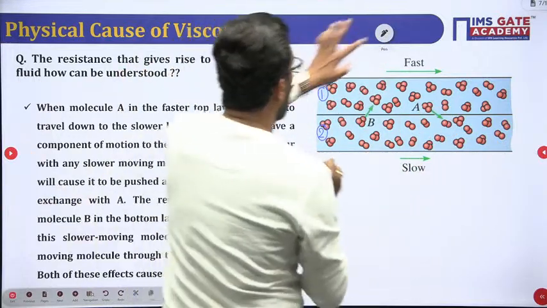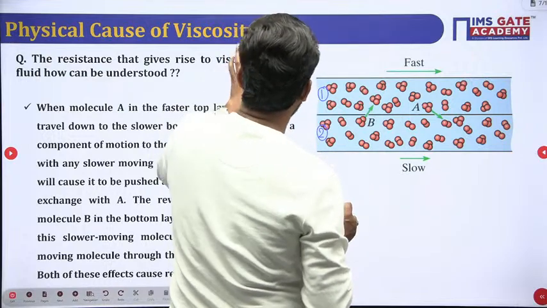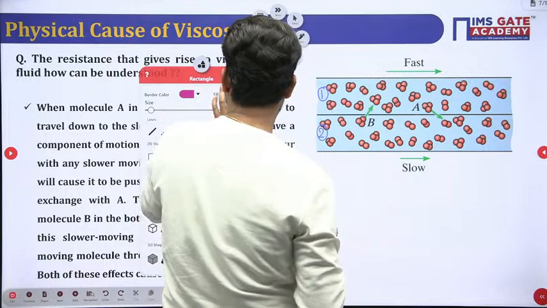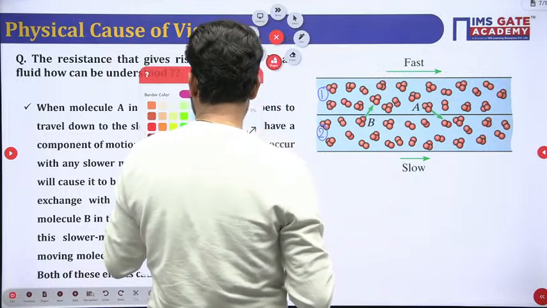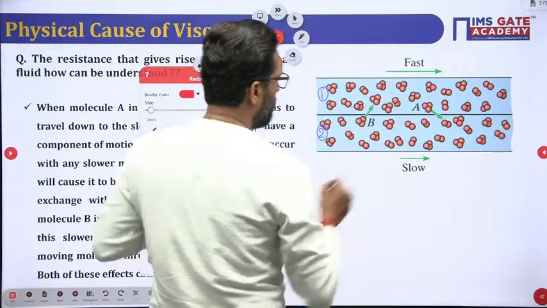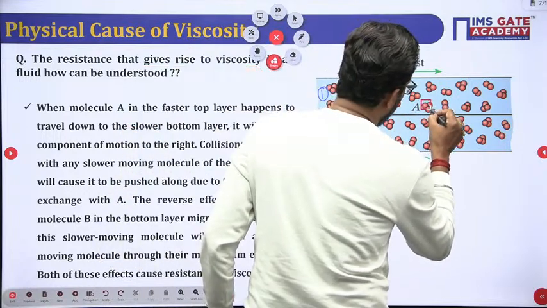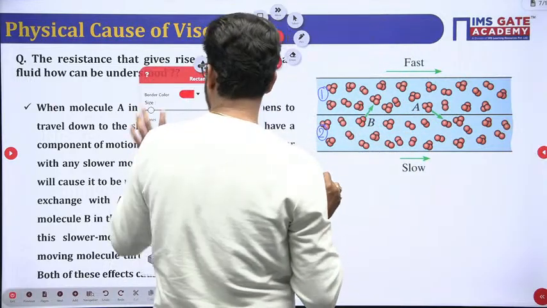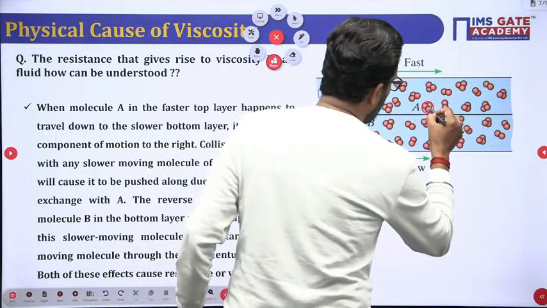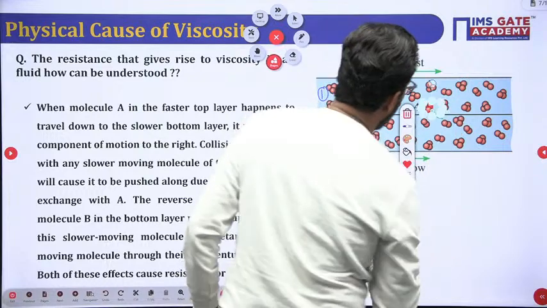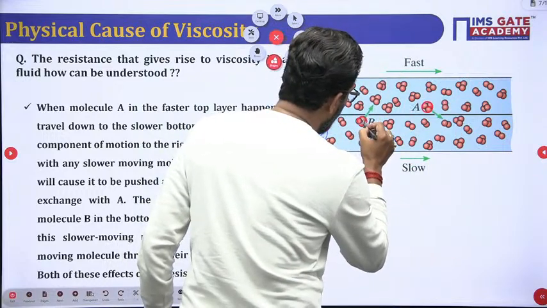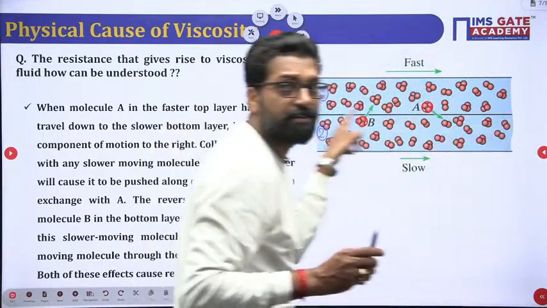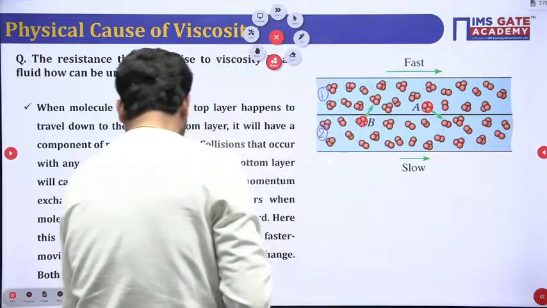If you think of this molecule as A, and this molecule as B, then this is your interface.